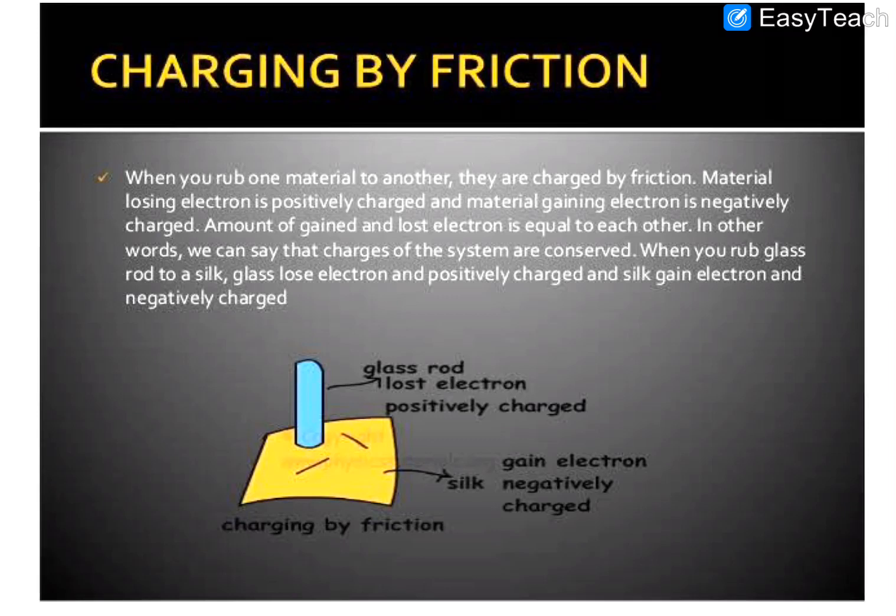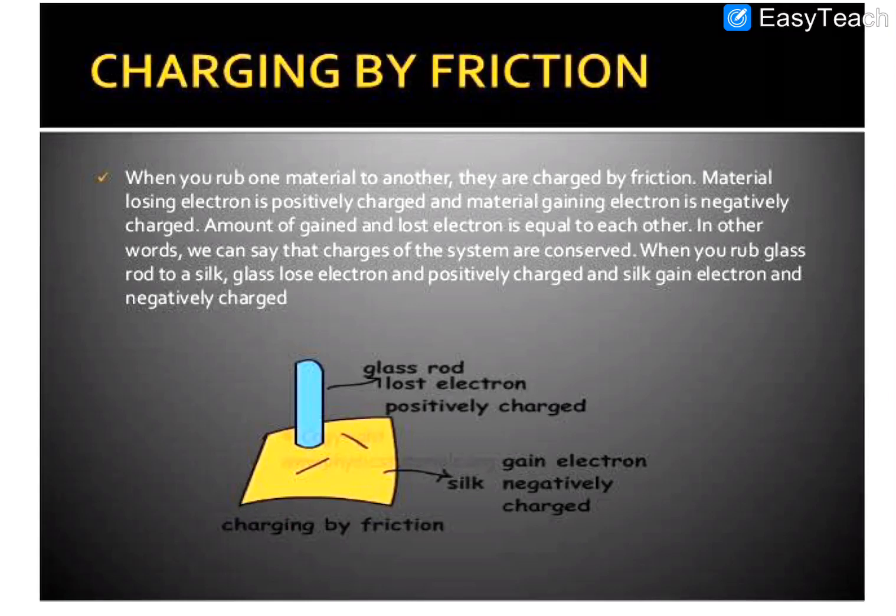The method is very easy. Just take both the materials, glass rod and silk cloth, and rub them together. If you rub glass rod with this silk cloth for some time, then after that process, this glass rod will be charged with some charge, either positive or negative, and the opposite charge will be on the silk cloth.